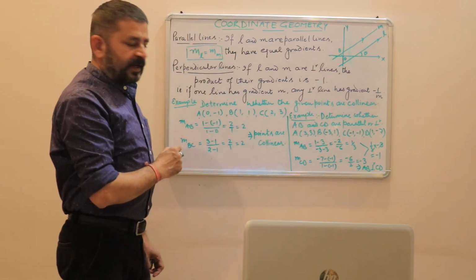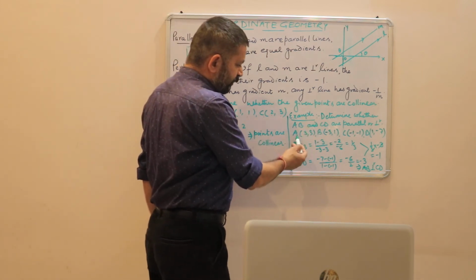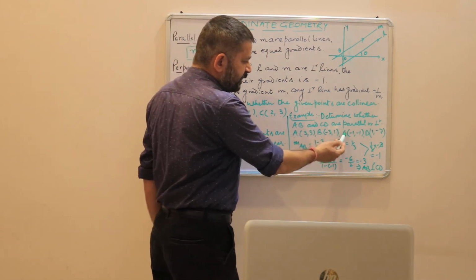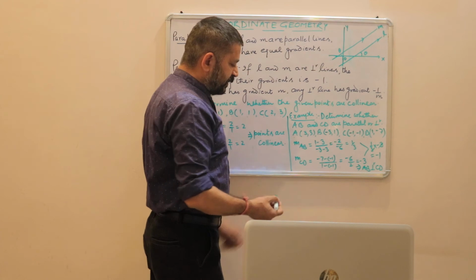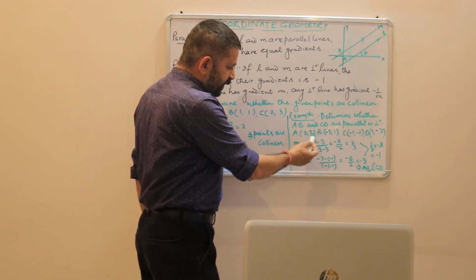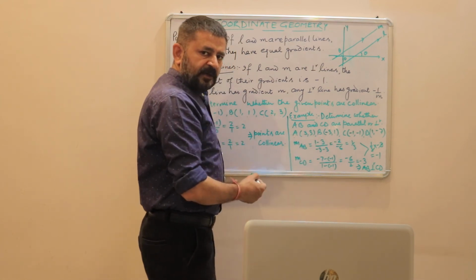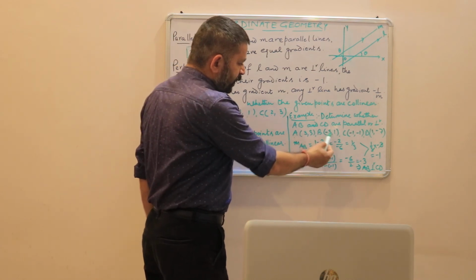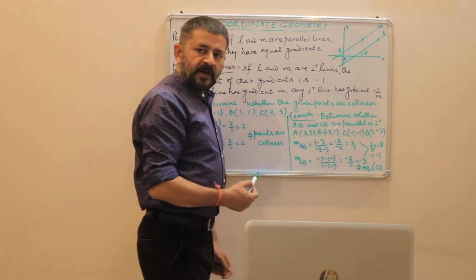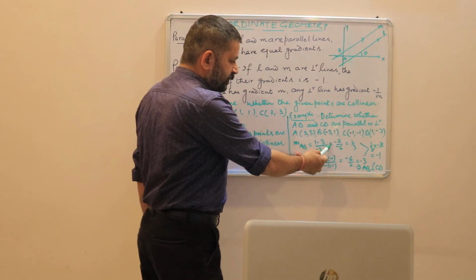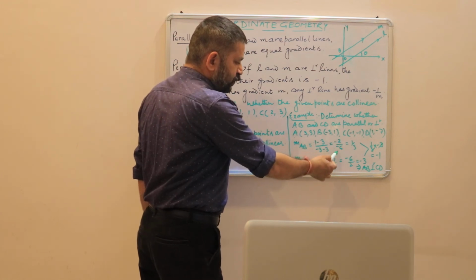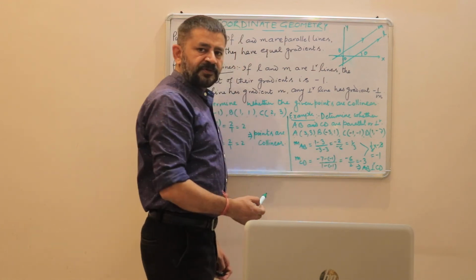Second example to explain: gradients of perpendicular lines. We have 4 points A, B, C and D, their coordinates are given. First of all, we'll find gradient of line AB, that is (1 minus 3) upon (minus 3 minus 3). 1 minus 3 is minus 2 upon minus 6, that is 1 by 3.